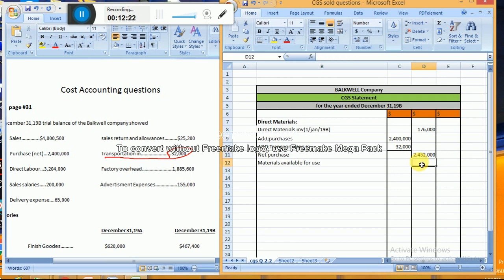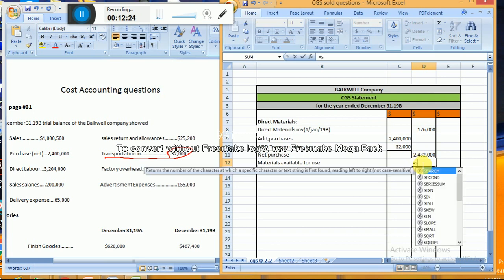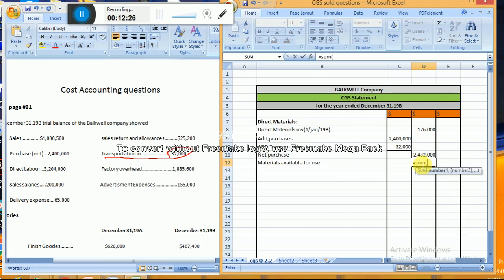Clear? So that will be equal to the sum of purchases of this current year plus material of the previous year. So now we have 26,08,000 material that is ready for use in the store.